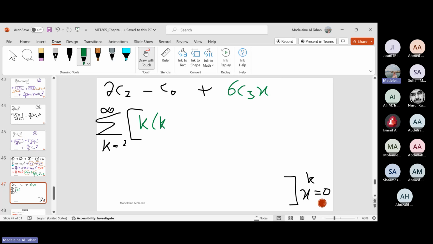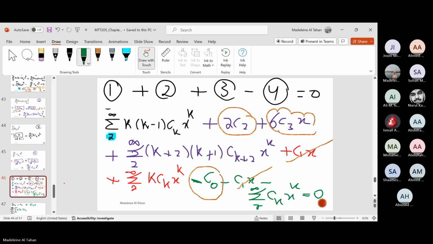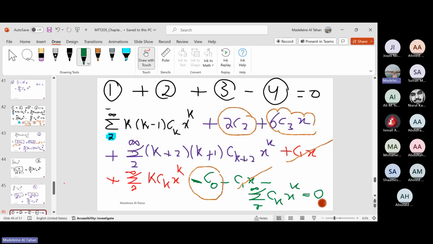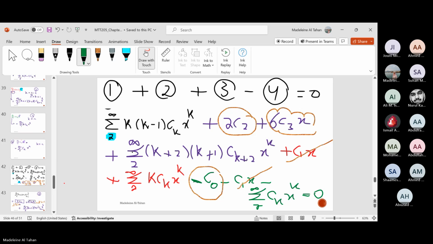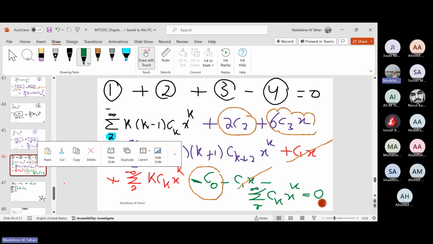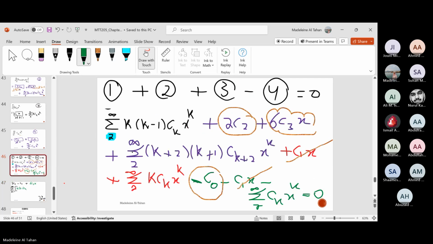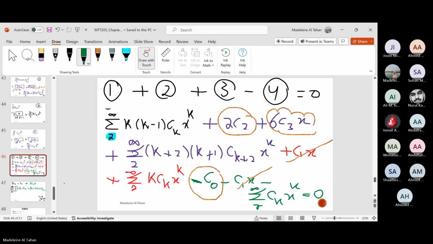k into k minus 1 ck. Right? It was ck or ck plus 2, miss? Okay, ck, yes. The second one, we have k plus 2, k plus 1. So plus k plus 2, k plus 1, ck plus 2.